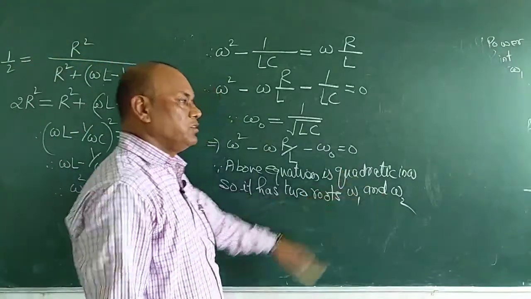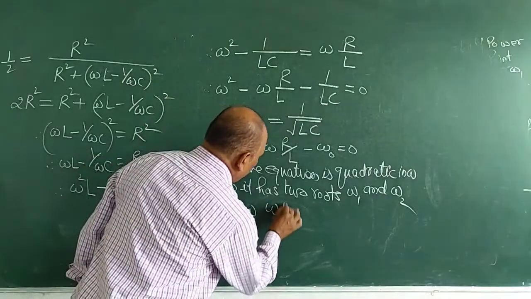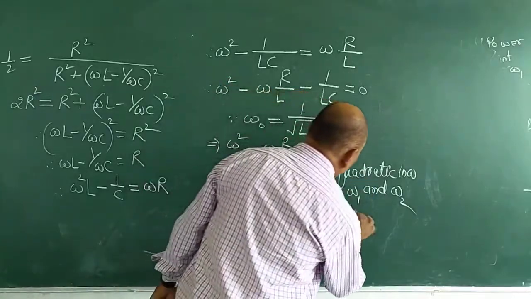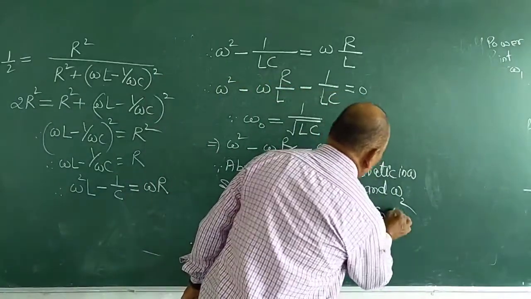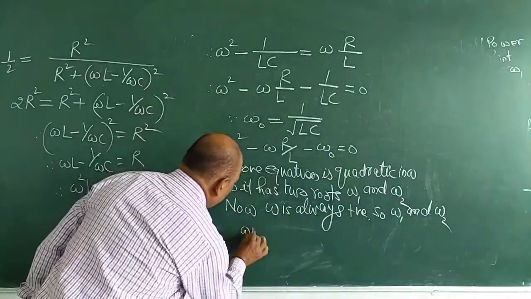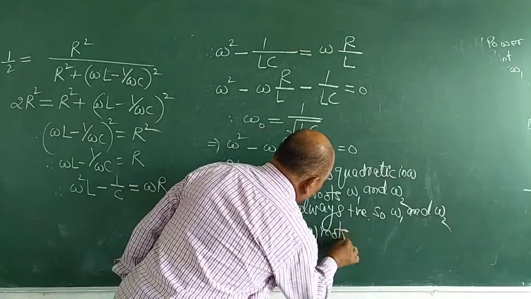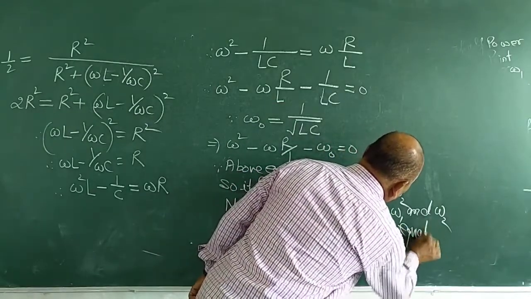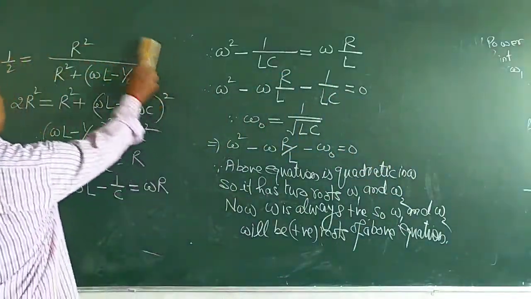Now omega is always positive, so omega 1 and omega 2 will be the positive roots of the above equation.